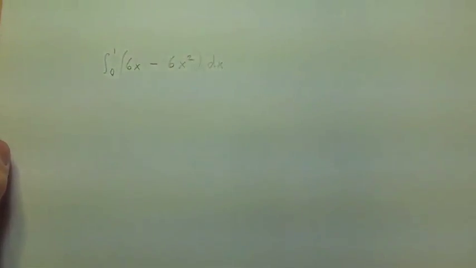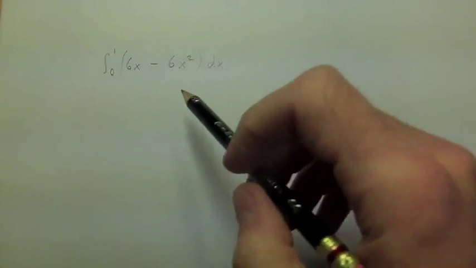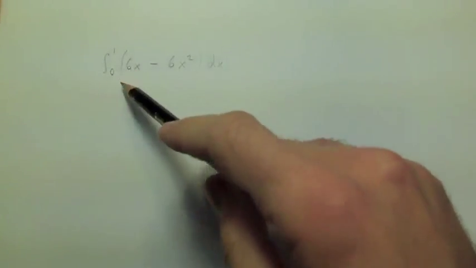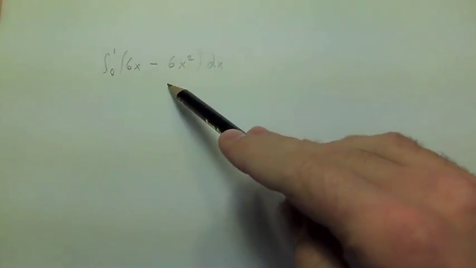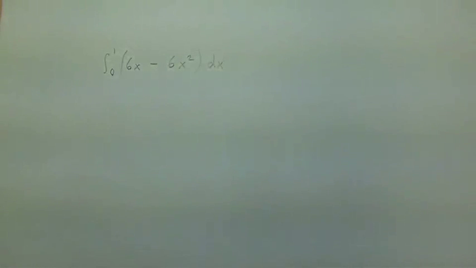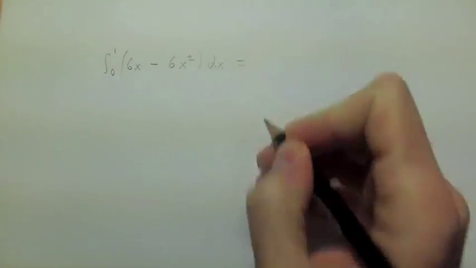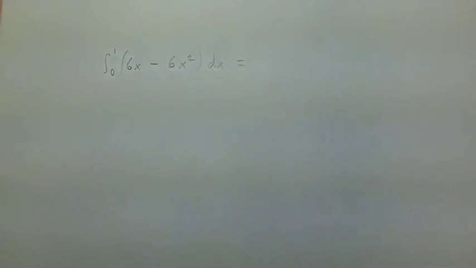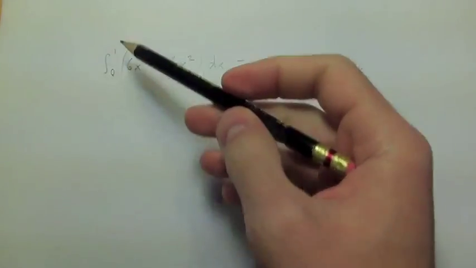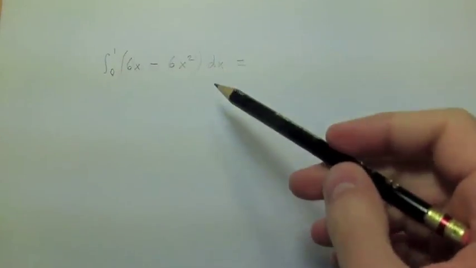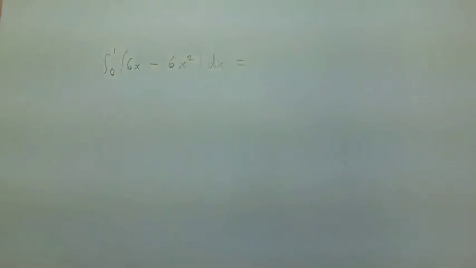Okay, so here we're going to look at the definite integral from 0 to 1 of 6x minus 6x squared dx. Again, we're keeping this pretty simple to start with. Well, first, if we're doing a definite integral, we still need to find the integral of 6x minus 6x squared.